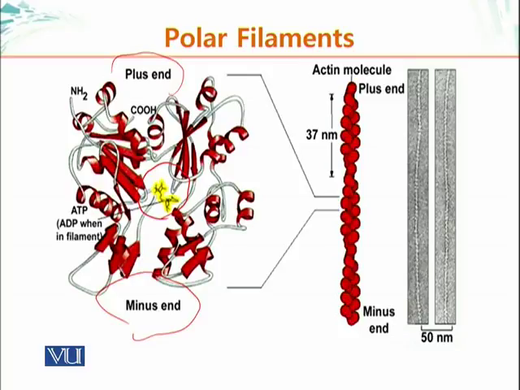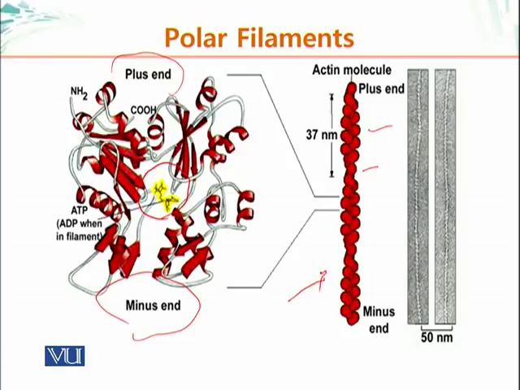So these monomers come together and form actin filaments. If you look at this actin filament right here, you will notice that it has a helical structure. It seems as if there are two filaments coming together and wrapping around each other, which is repeated. This narrowing or broadening of the actin filament repeats every 37 nanometers, because they are forming a helical structure.